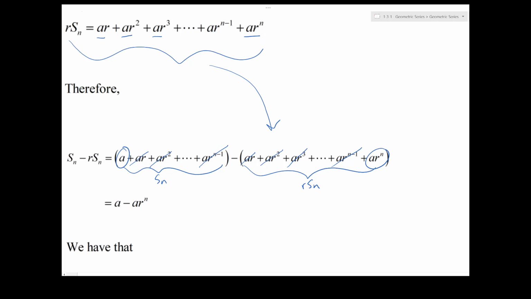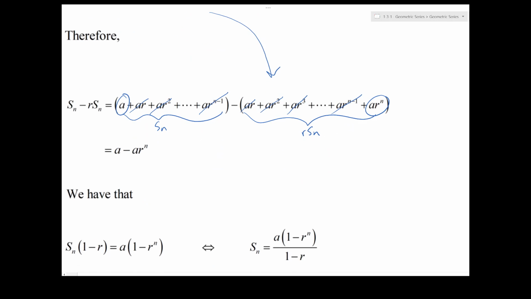And then notice that if you factor out an S of n from that up there, common factor, you're left with S of n times 1 minus r. And then on the right-hand side, of course, common factor of a. Factor out that a, get a times 1 minus r to the n.